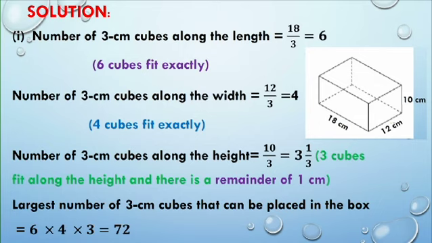Now, along the height, I have 10 divided by 3, which gives me 3 1/3 cubes. So exactly 3 cubes will fit along the height, and there will be a remainder of 1 centimeter. So the largest number of 3 centimeter cubes that can be placed in the box will be 6 times 4 times 3, that is 72. We are going to have 72 3 centimeter cubes in this cuboid.